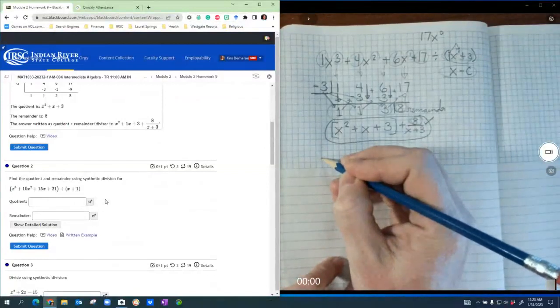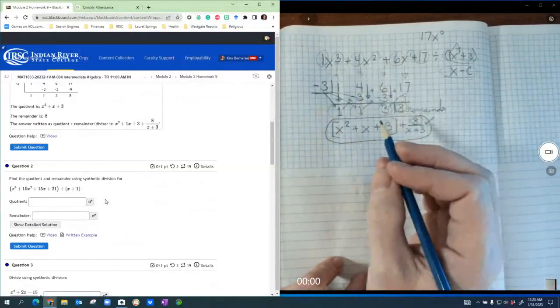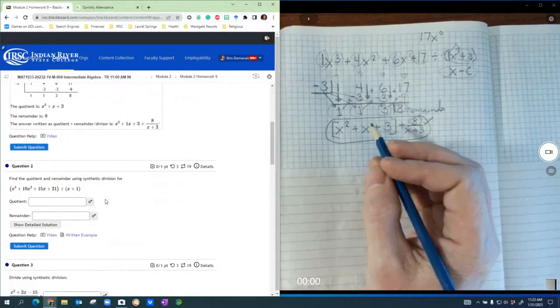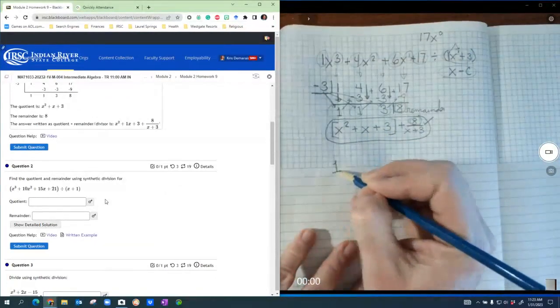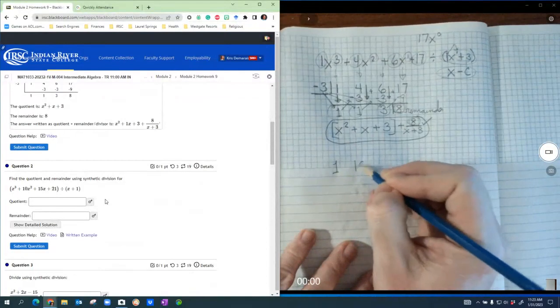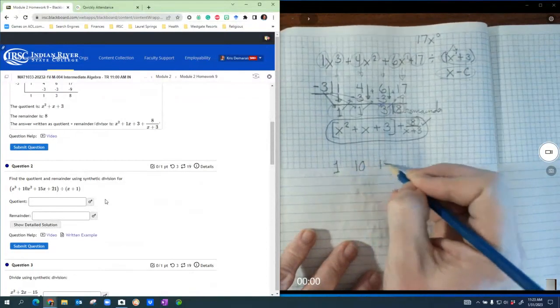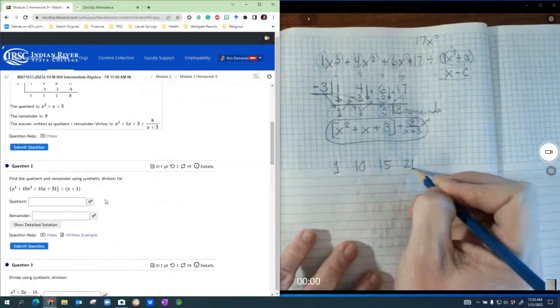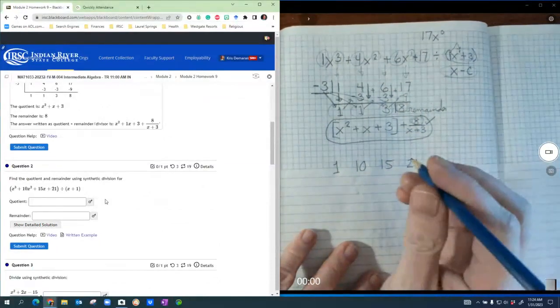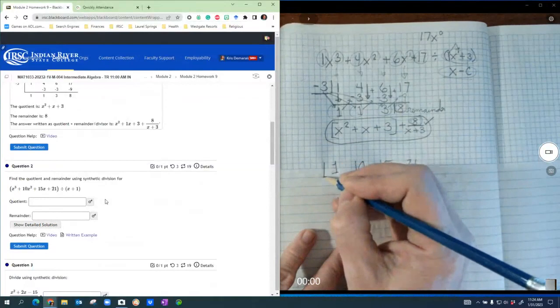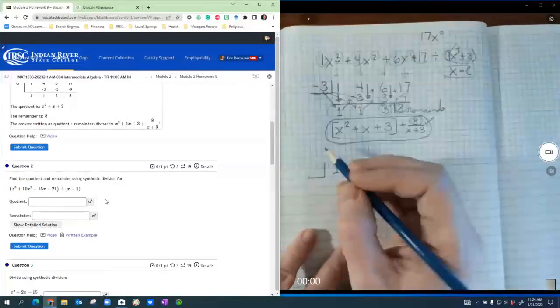All right. So again, I'm going to make sure I'm in order, which I am. It's 3, 2, 1, 0, which is good. So all I'm going to do is list the coefficients. So it's 1, 10, 15, 21, and then what we're dividing by is negative 1. So you take the opposite of whatever it is.